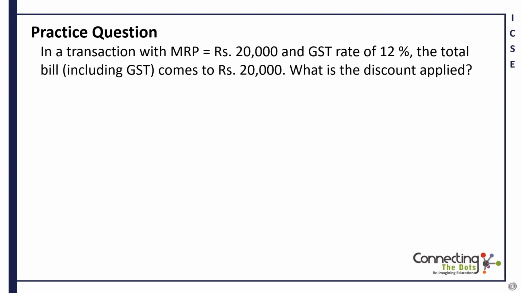The final practice question of this lecture. This again is a bit different from what we have done before. In a transaction with MRP 20,000 and a GST rate of 12%, the total bill including GST comes to 20,000 again. So what is the discount applied?